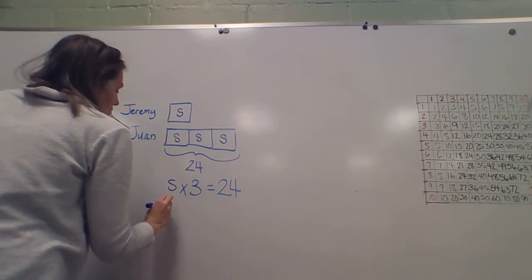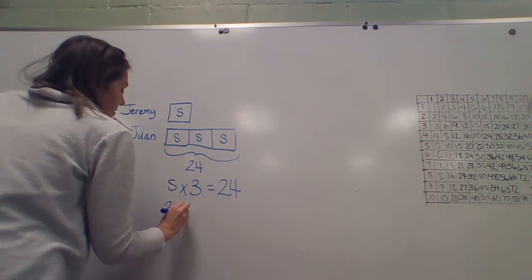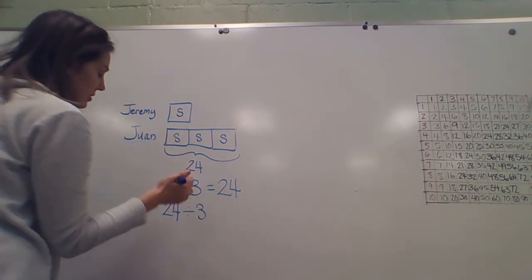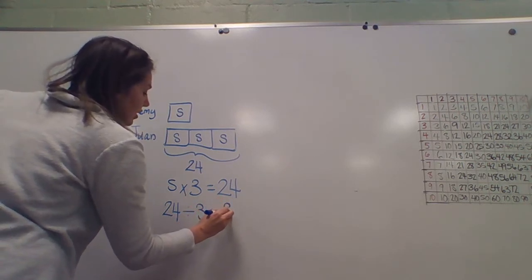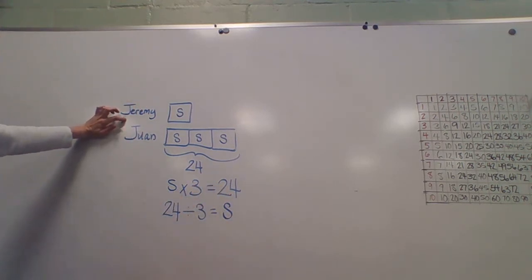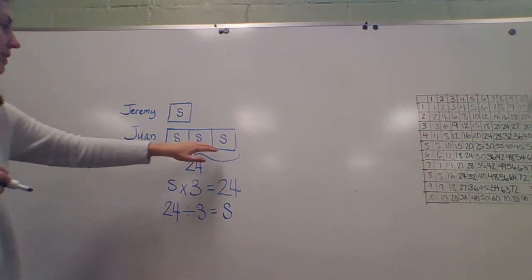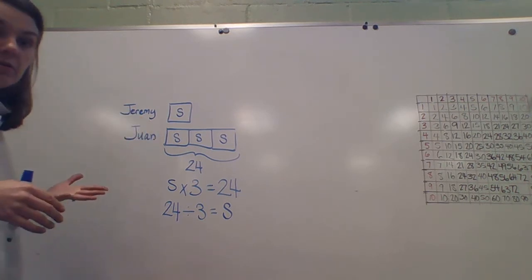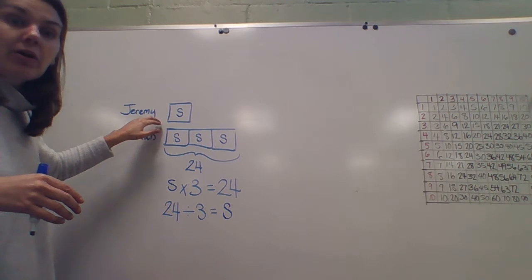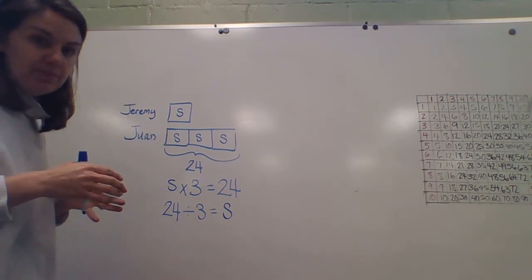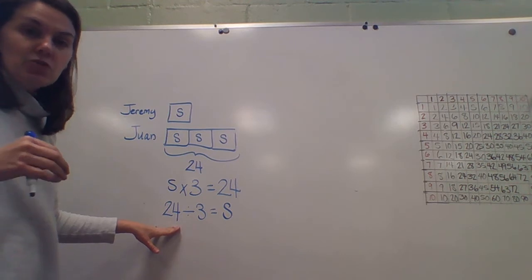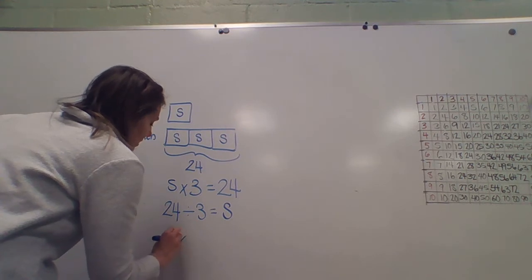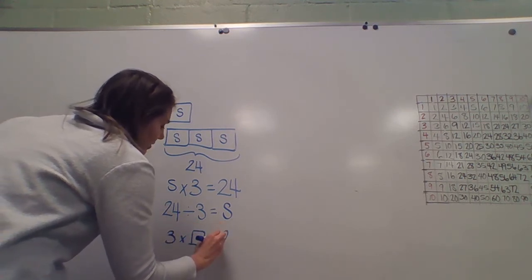So that would mean that if we took 24 and divided it by 3, because multiplication and division are inverses, we would get how many shells Jeremy found, right? So our 24 shells that Juan found divided by the 3 times that Juan found over Jeremy, and we would get our first number. So let's go ahead and think through our facts. 24 divided by 3, I'm still going to think about this as 3 times what number equals 24.